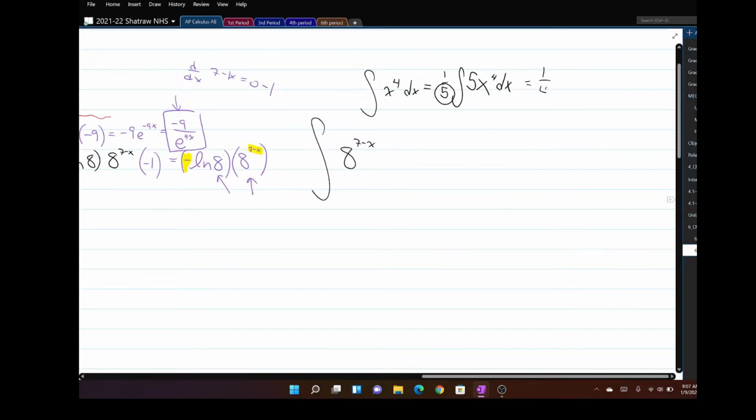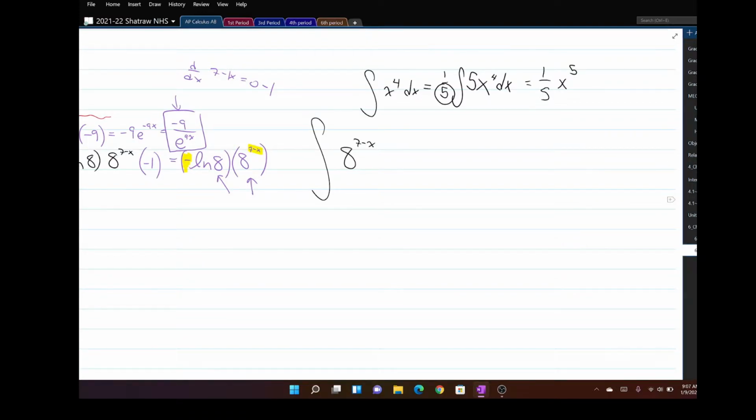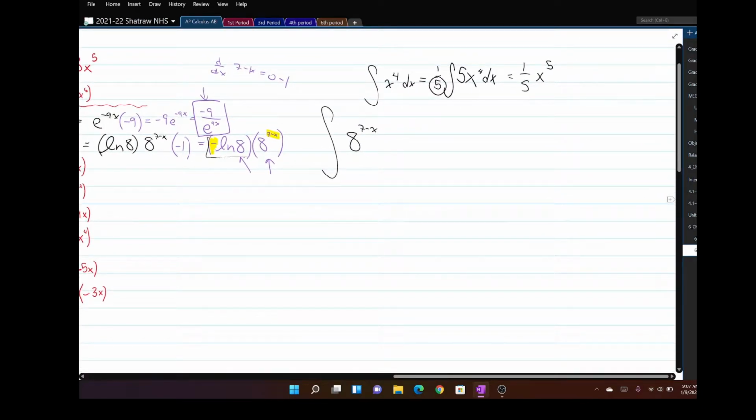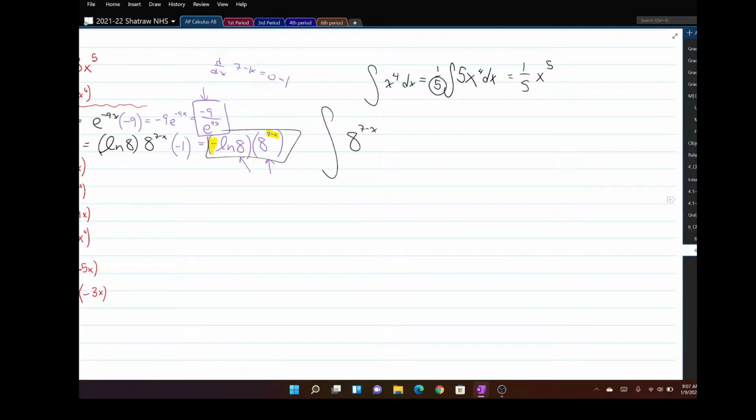So I'll have that 1/5 and an x to the 5th power. That's why I'm asking you to memorize it that way, so that I can give you harder test questions than that, where you can already see that the natural log exists and it's in the right place. I'm trying to make a problem where there's actually work for you to do.